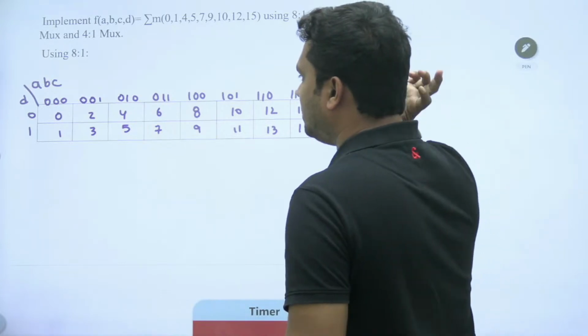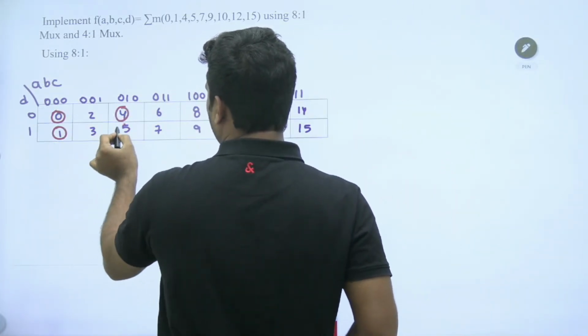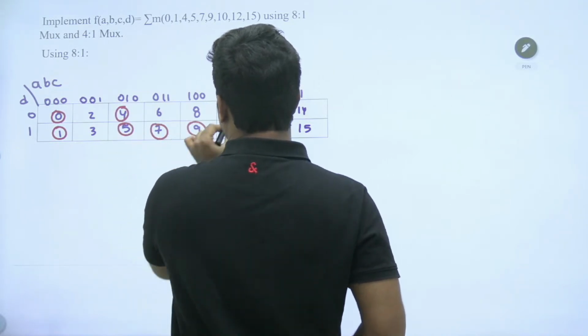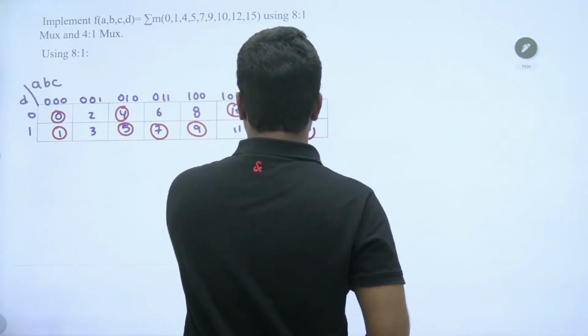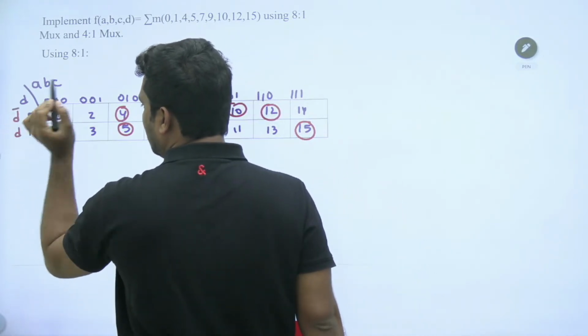Now sum of the minterms 0, 1, 4, 5, 7, 9, 10, 12, 15. Okay, this is D bar input and D.